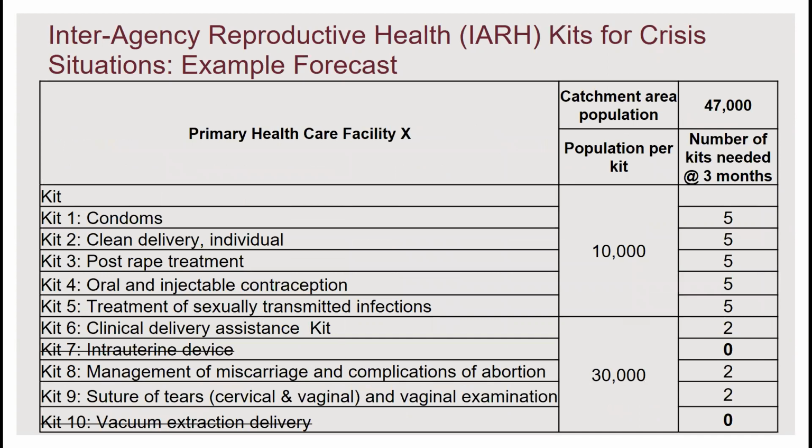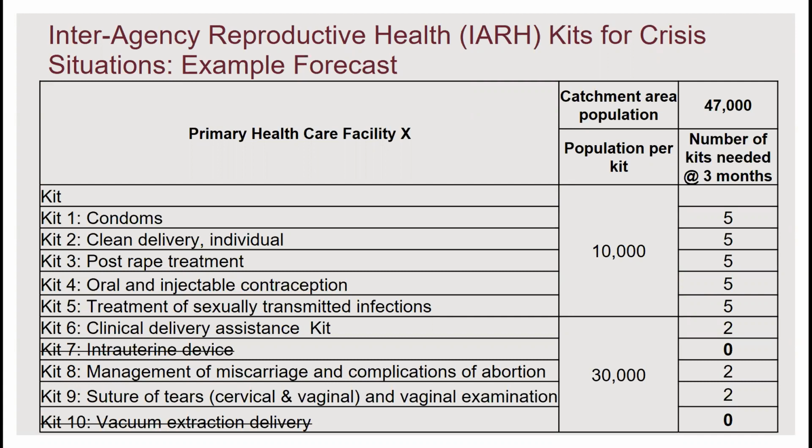Another consideration we need to take into account is that there are probably some facilities that don't provide some of the services, so they would not receive a particular kit. In this example, the primary healthcare facility X does not have trained service providers to do IUD insertions or vacuum extracted deliveries, so they would not be eligible to get those specific kits, and their facility would not be counted in the forecast for them.